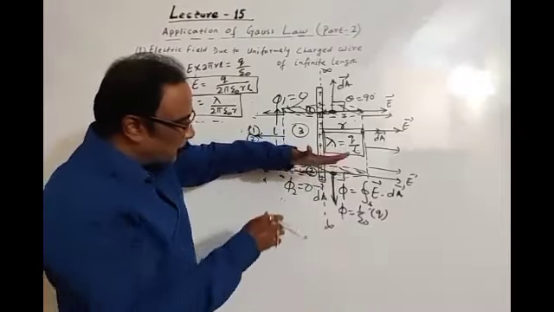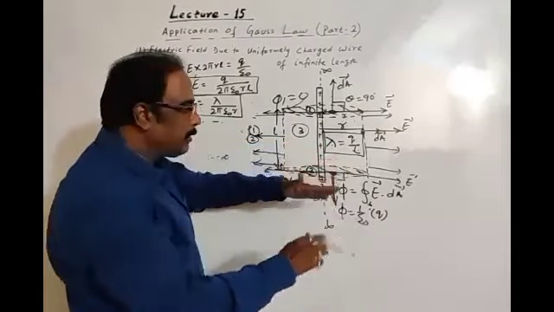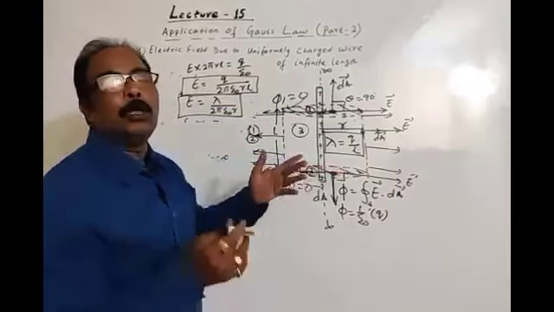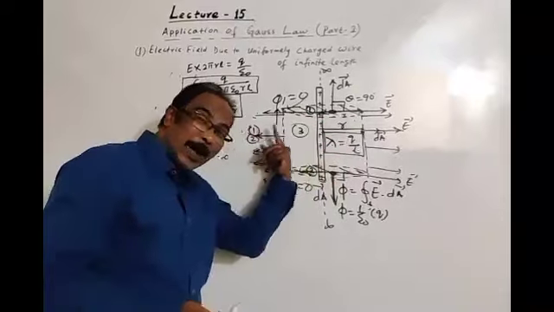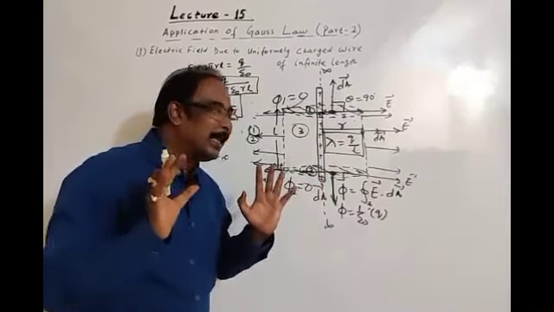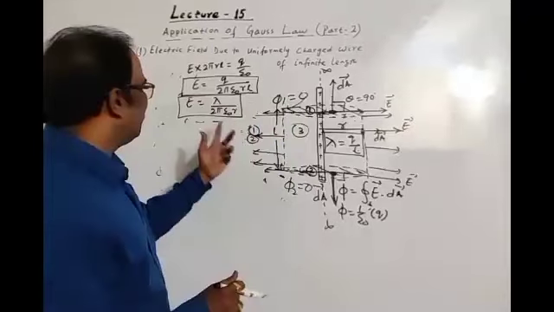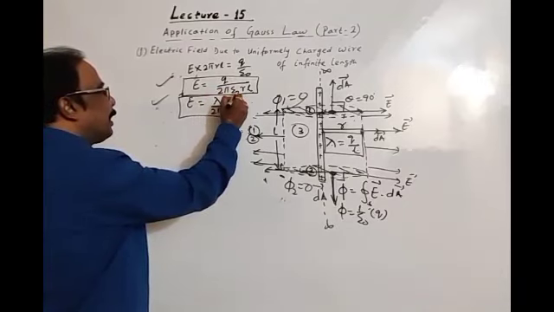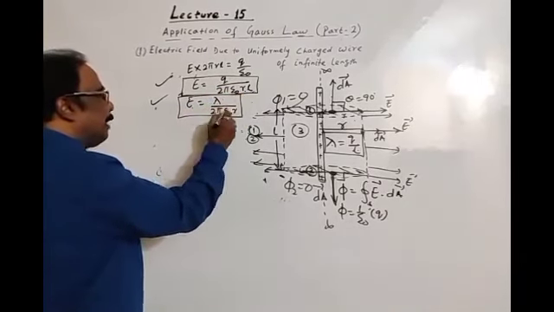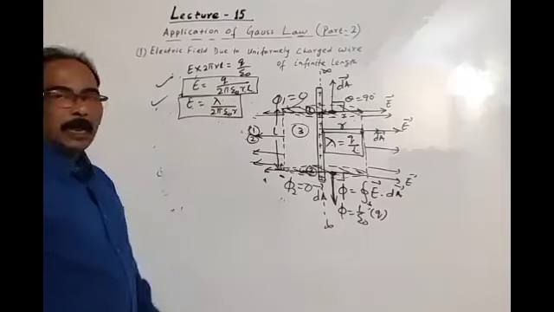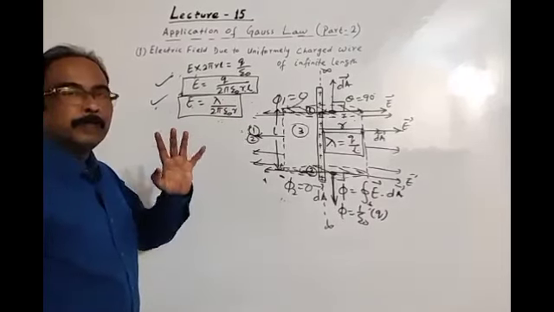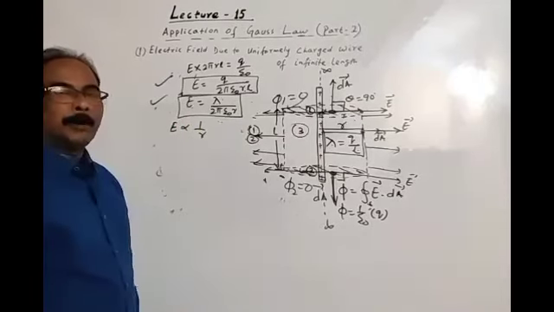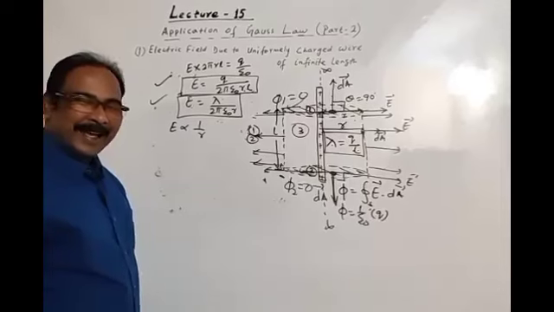For surface 2, again electric field is parallel to the surface, so flux linked with surface area 1 and surface area 2 is 0. For the whole curved surface, means for surface area 3, electric field is given as Q divided by 2 pi epsilon naught RL, or electric field is lambda divided by 2 pi epsilon naught R, where lambda is uniform linear charge density, and the relation shows electric field varies inversely as the distance from the axis of the wire.